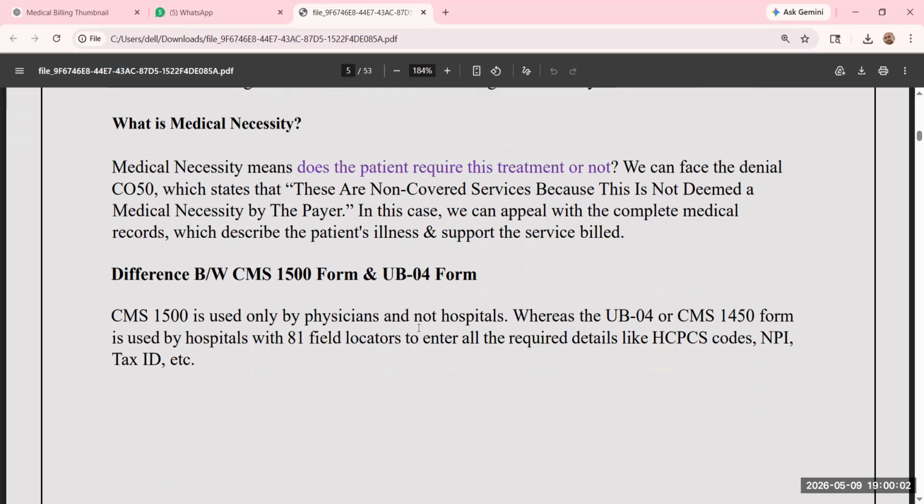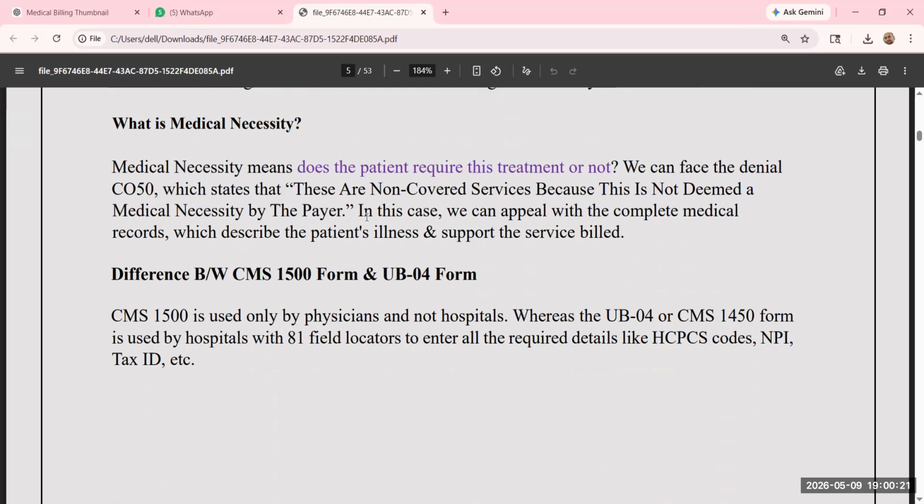Medical necessity means: does the patient require this treatment or not? We can face denial CO50, which states these are non-covered services because the payer does not deem them a medical necessity.